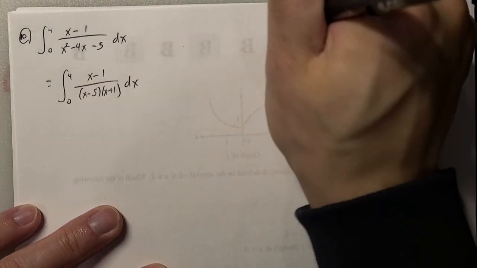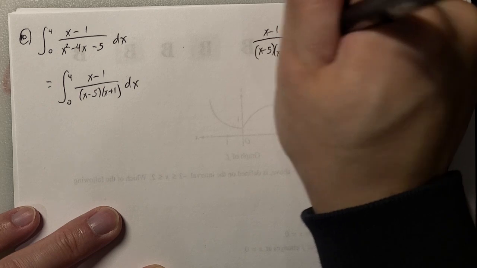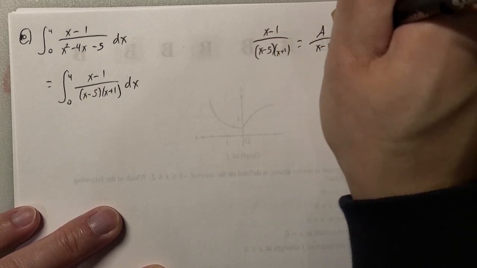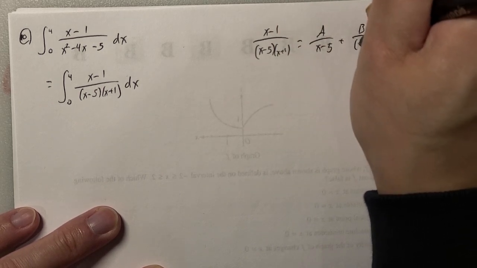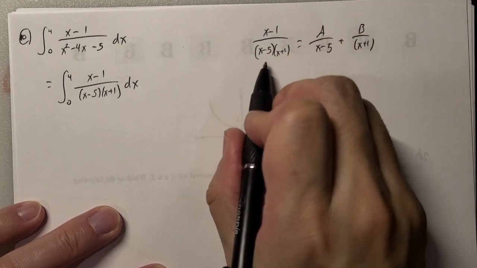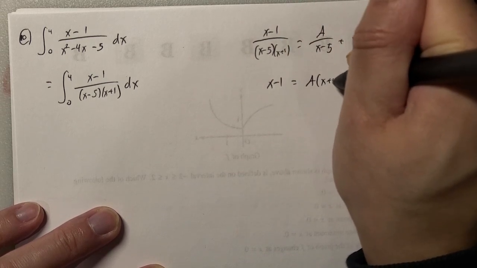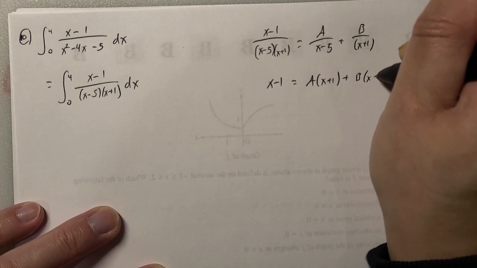So we can rewrite x minus 1 over x minus 5 times x plus 1 as A over x minus 5 plus B over x plus 1. Okay, so multiply both sides by the denominator. We get x minus 1 is equal to A times x plus 1 plus B times x minus 5.